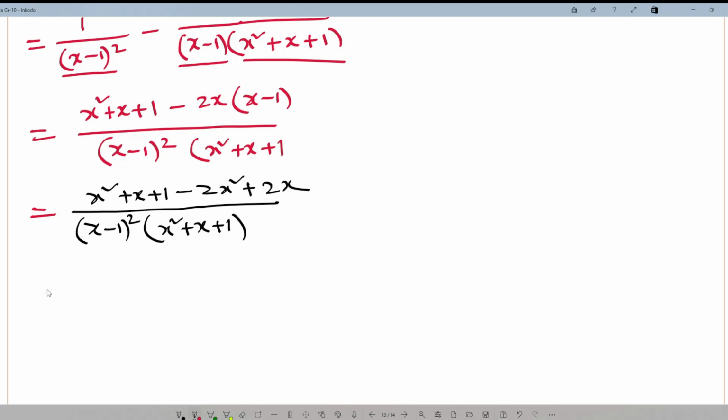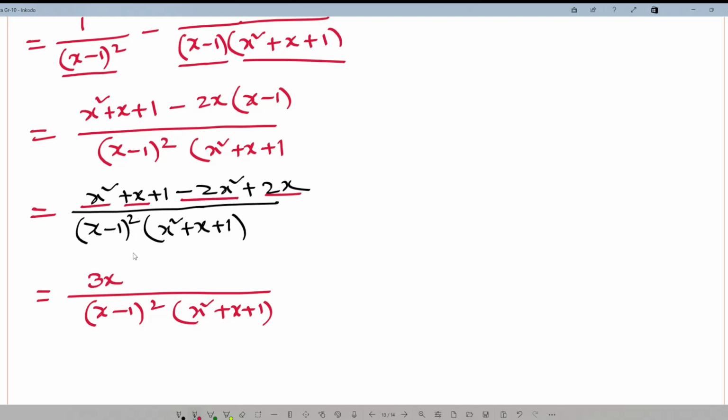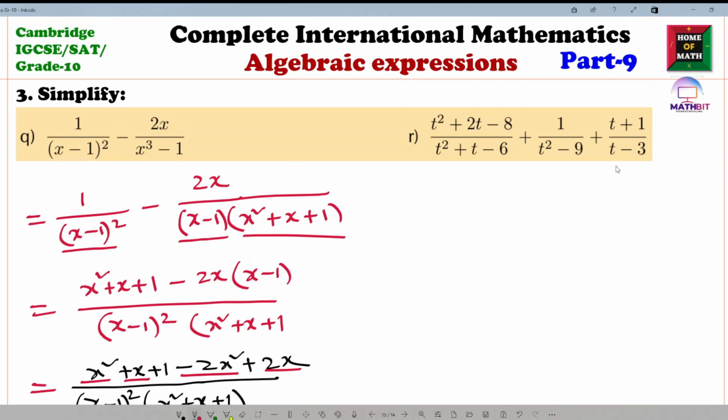Now look, the denominator is x minus 1 whole square, then x square plus x plus 1, and here 2x plus x we can write 3x, then minus 2x square plus x square, then plus 1, and this is our answer, right? So number Q done.